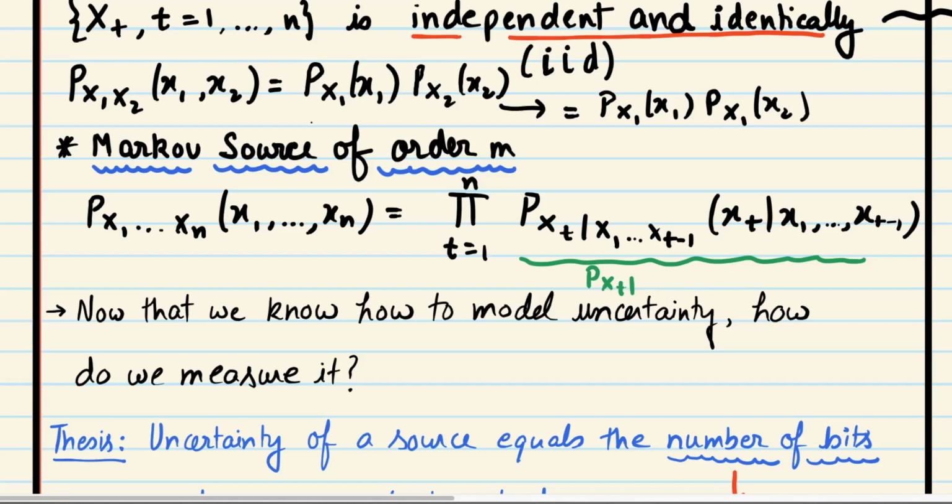So it depends only on the previous m symbols: xt minus 1, xt minus 2, and so on till xt minus m. That's what a Markov source of order m would be. It only depends on the previous m symbols.